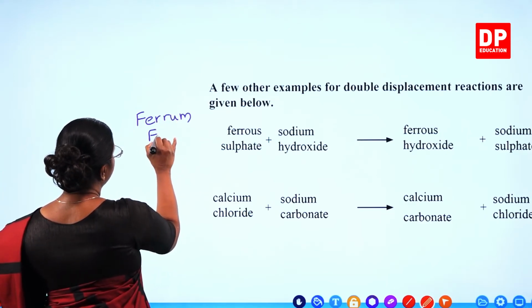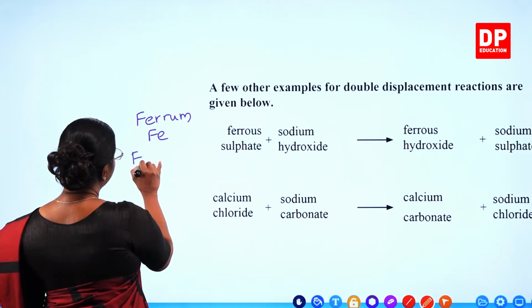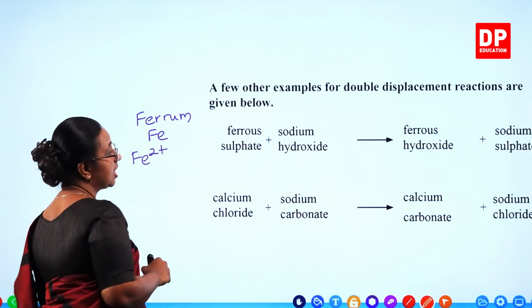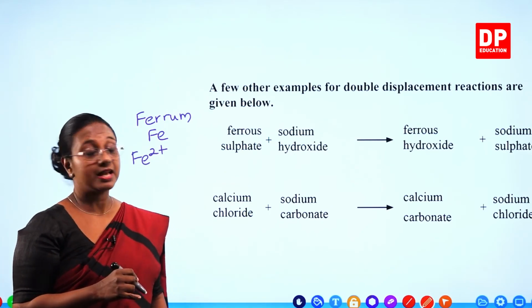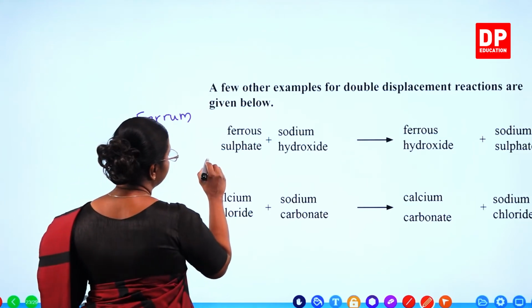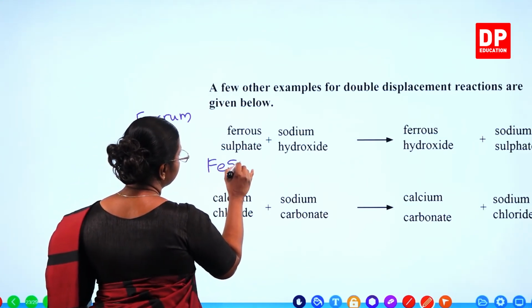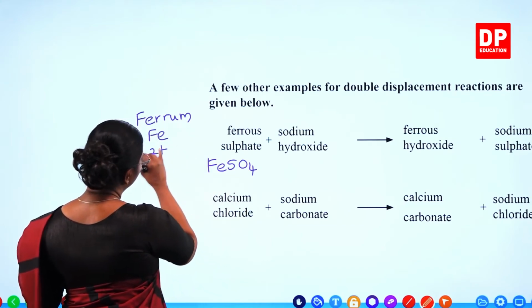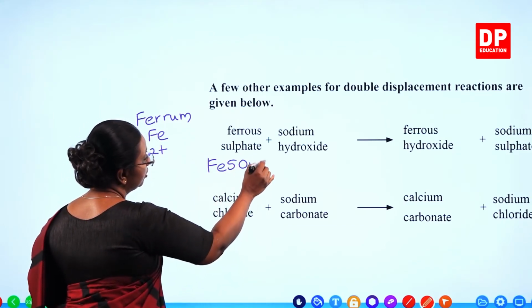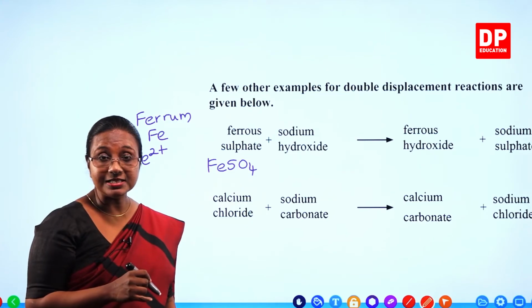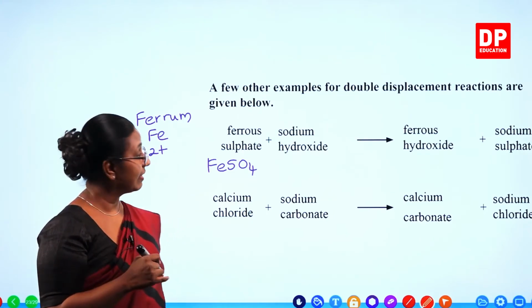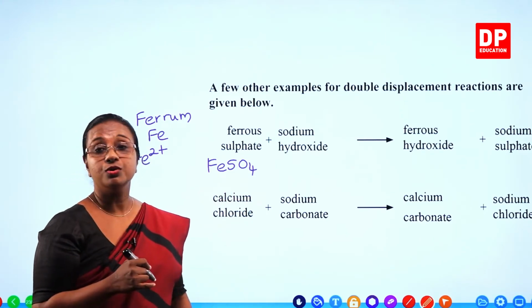Ferrum is iron. So when you have Fe2 plus ions, we call it ferrous sulfate. So ferrous sulfate is FeSO4. Why Fe2 plus, valency 2 plus 2. So sulfate is 2 minus. Therefore, ferrous sulfate is FeSO4.